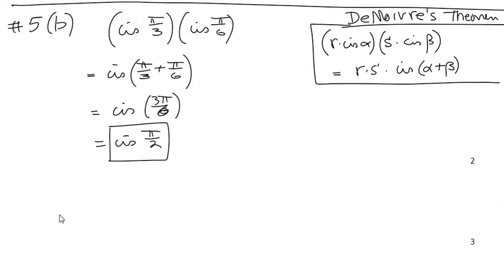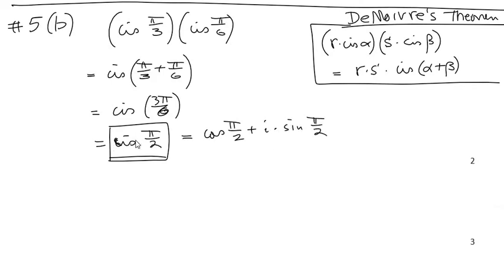And it says give it in both forms, right? Give the modulus argument form of the answer. So that's one way to answer this question. But it also says to give the a plus bi form. And so to do that, we'll just convert this by writing out what cis pi over 2 means. It means the cosine of pi over 2 plus i times the sine of pi over 2.